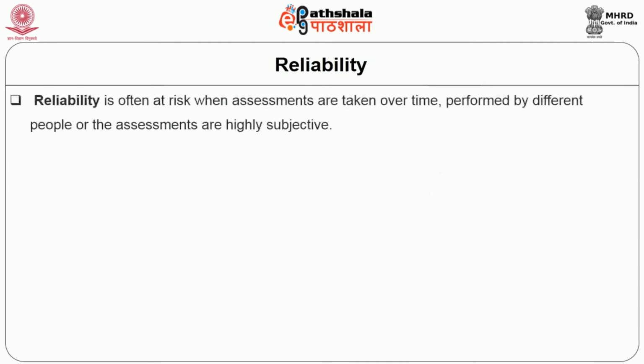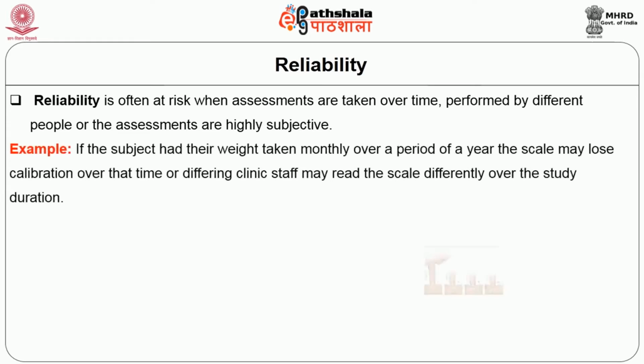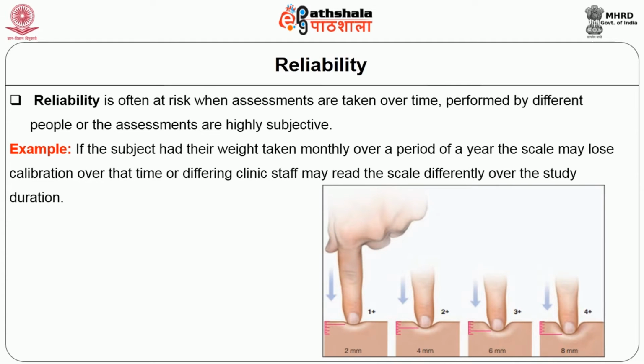Reliability is often at risk when assessments are taken over time, performed by different people, or the assessments are highly subjective. In the weight example, if the subject had their weight taken monthly over a period of a year, the scale may lose calibration over that time, or differing clinic staff may read the scale differently over the study duration.